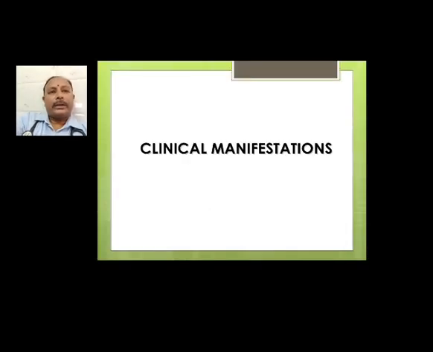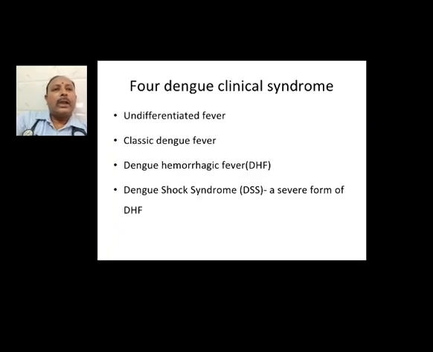Now, as far as clinical manifestations are concerned, there are 4 clinical syndromes in dengue fever. First one is undifferentiated fever. Second one is classic dengue fever. Third one is dengue hemorrhagic fever, that is DHF.